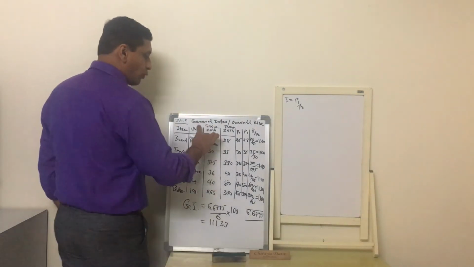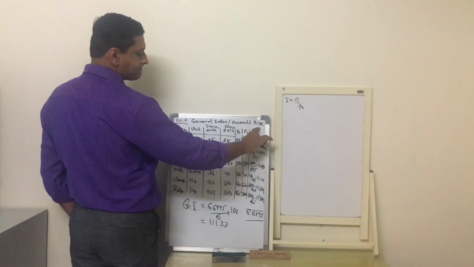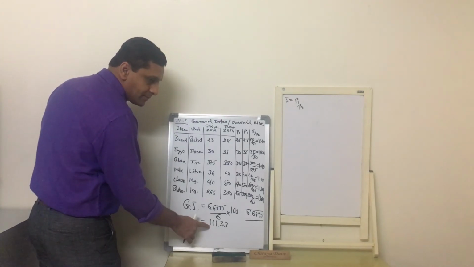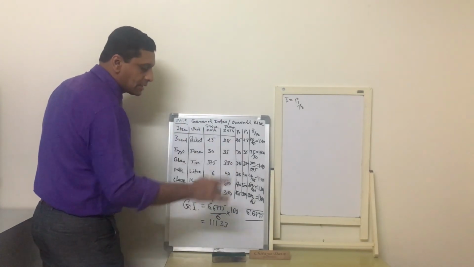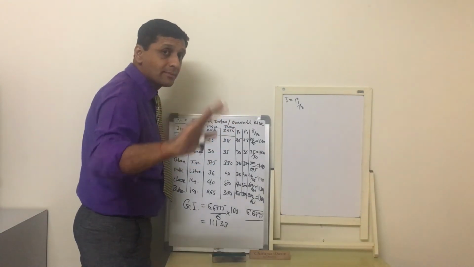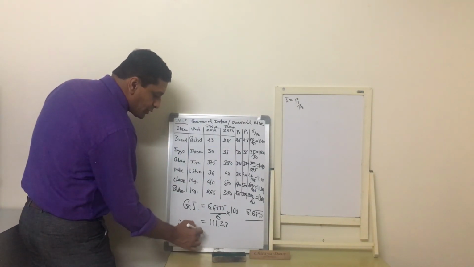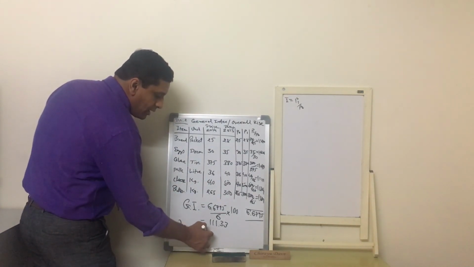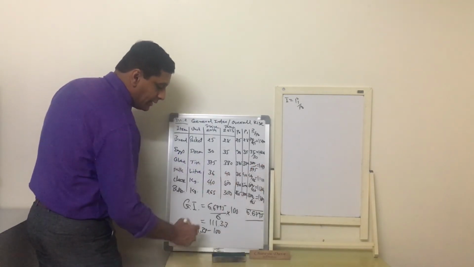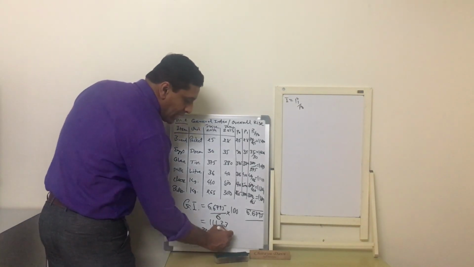But the question also asks, what is the overall rise? Overall rise means whatever answer you have got, you have to deduct 100 from this. As percentages are always mentioned in terms of 100, the rise will be equal to 111.33 minus 100, which means 11.33% is the real overall rise.